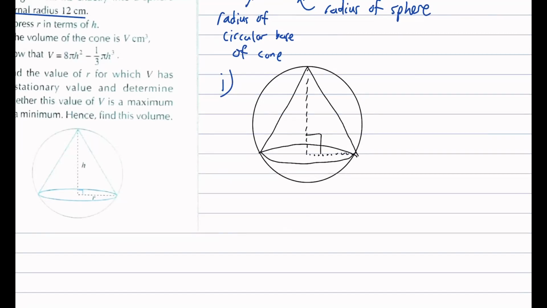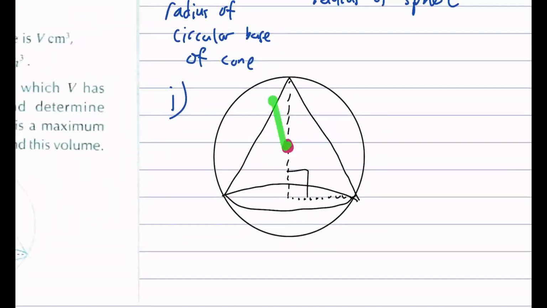The center of the sphere is actually over here, right? So that means that from the center, all of these lengths are radius, sorry, length 12. So that length from here to here is 12. Okay, sorry, I shouldn't draw a solid line. I should draw a broken line because it's not part of the sphere.